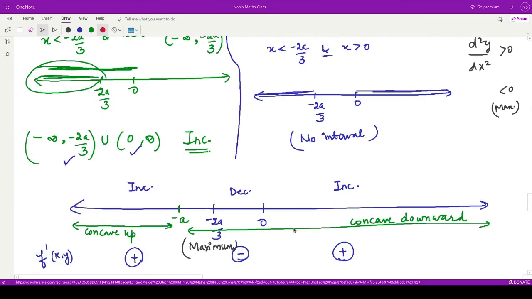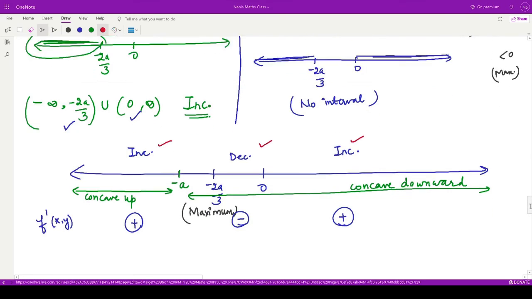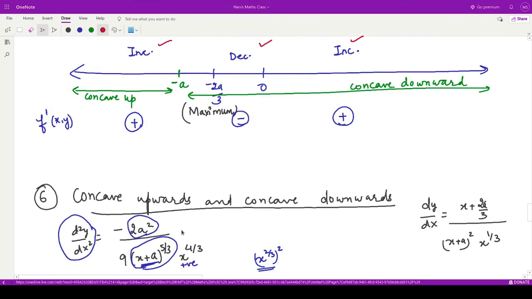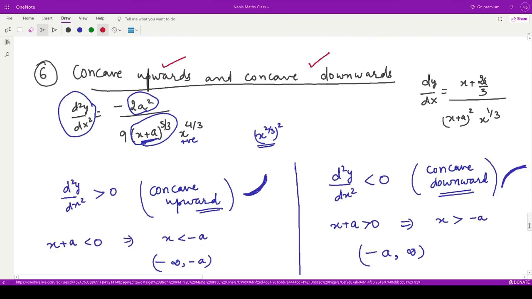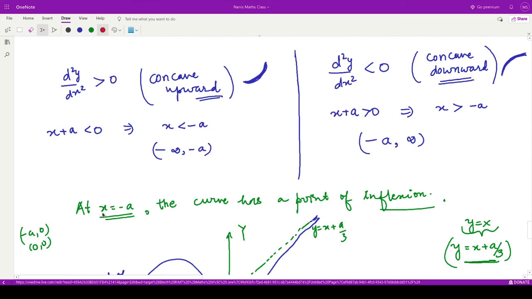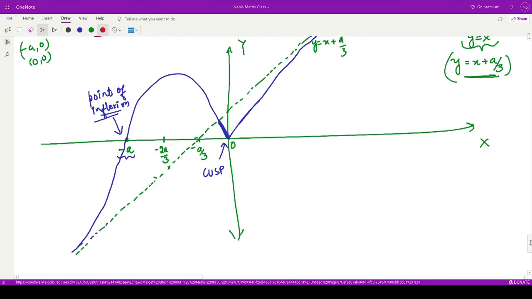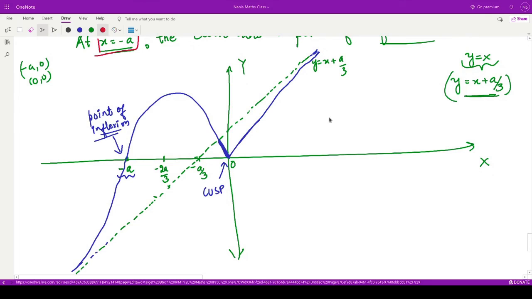Then we saw the sign of the double derivative, and we concluded the intervals for concave upwards and concave downwards. And moreover, we found the point of inflection as well. At x is equal to minus a, we had this point of inflection. So with all this information, we drew this curve, and it comes out to be a very nice looking curve like this.